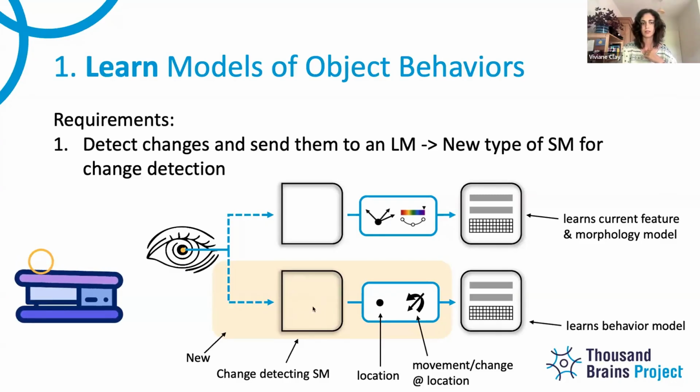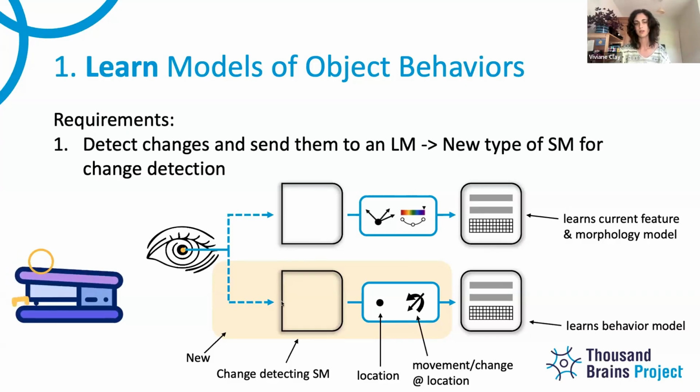So I kind of marked here in yellow. What we currently have is this. We have a sensor module. It extracts a pose and features at that location, and sends that to a learning module. And the features can be like color or curvature, and things like that. And then the learning module learns a feature and morphology model of this, so learning features at locations.